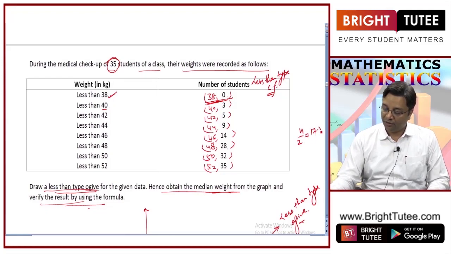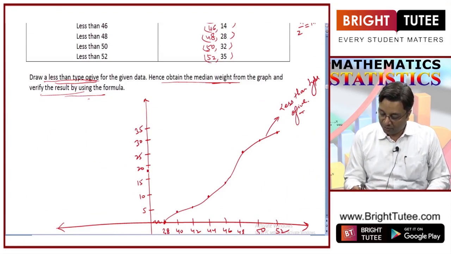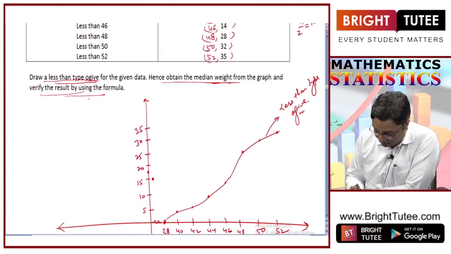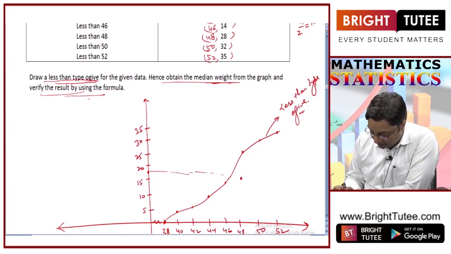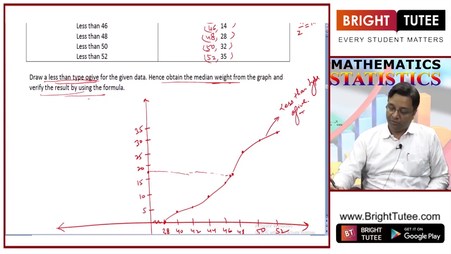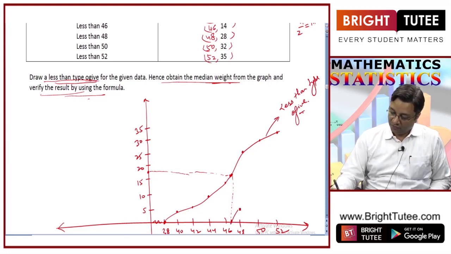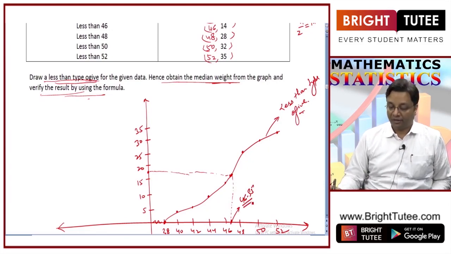That is 17.5. So I look for 17.5 here, and for the corresponding point I will go to the graph. So let's go at the graph here, right, and now the abscissa of this point will give me the median, which is 46.95 in this case, right.